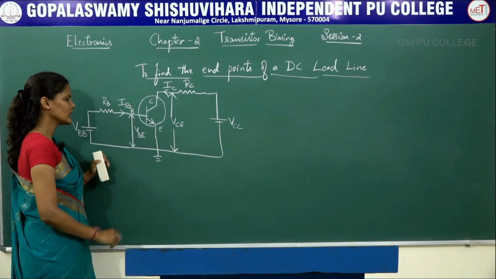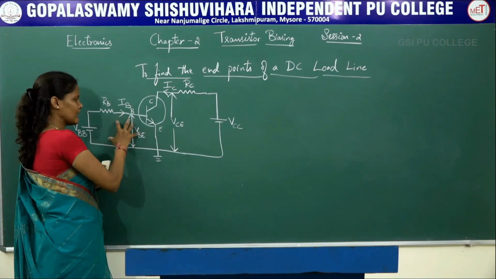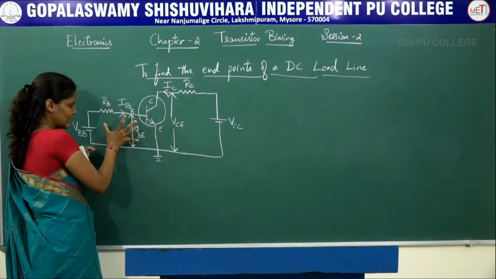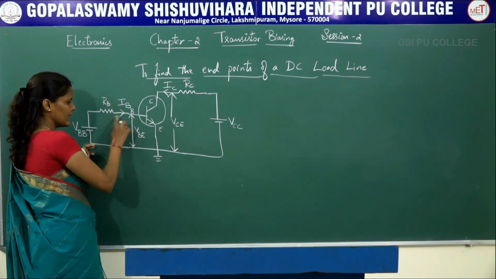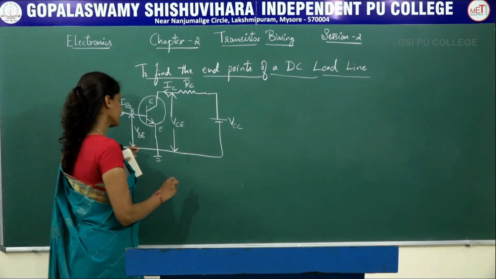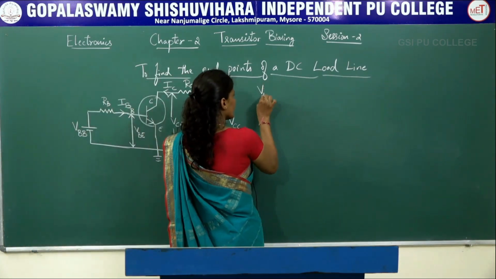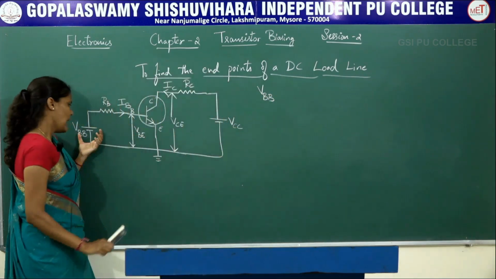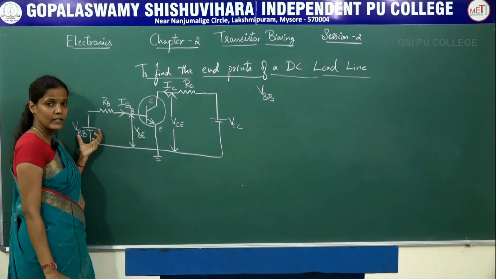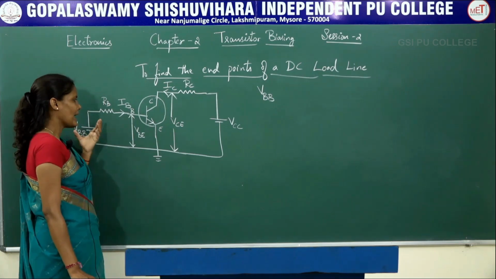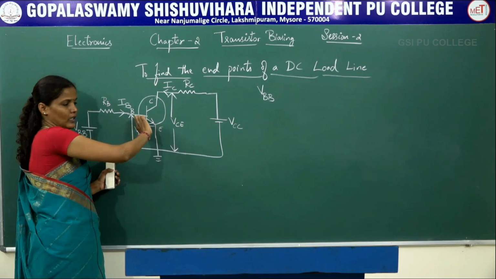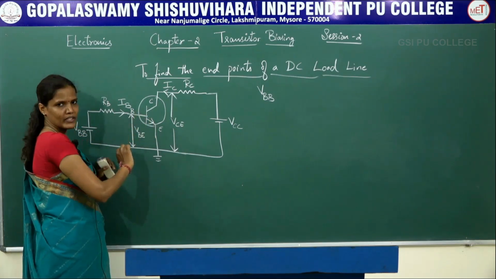What we have to do is apply KVL for these two loops separately. Let us consider this part first. Applying KVL to this part, VBB is the voltage source present over here, and the voltage applied with the help of this VBB has to be distributed across this resistor along with the base to emitter junction.